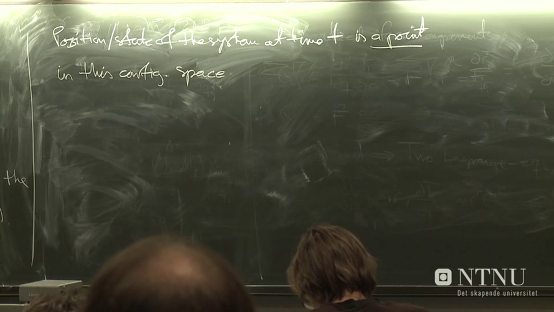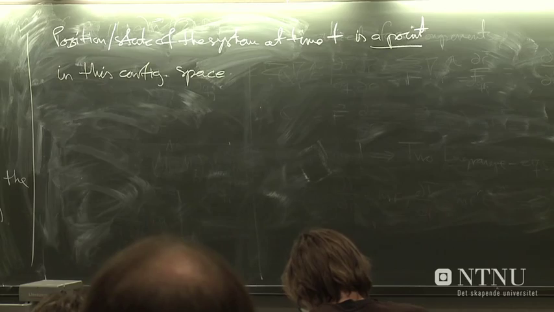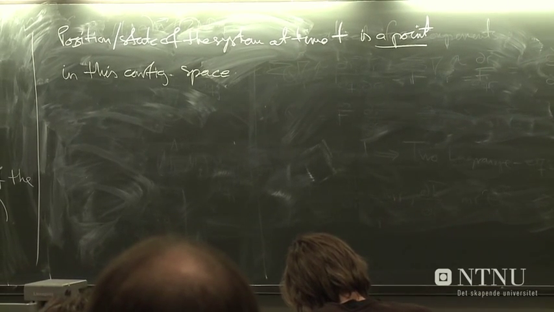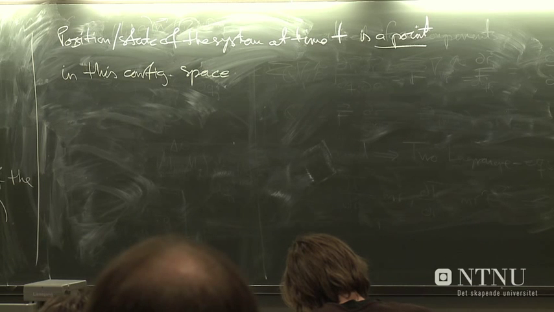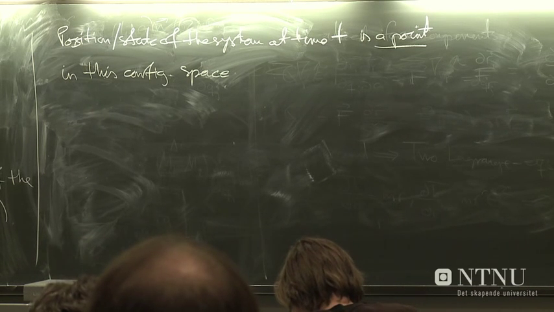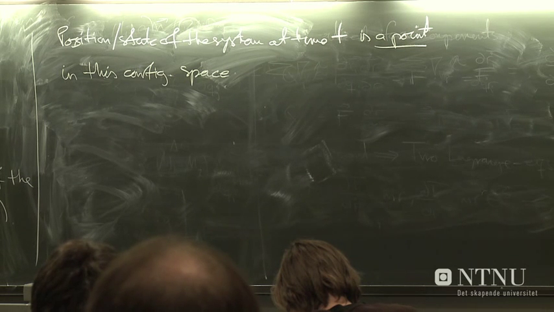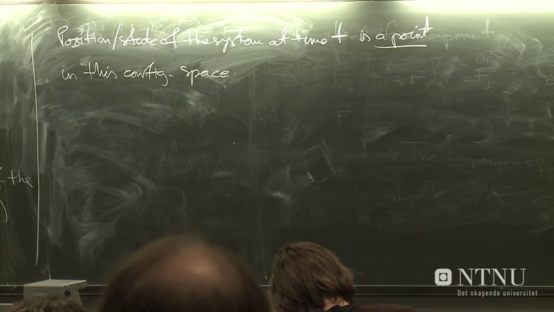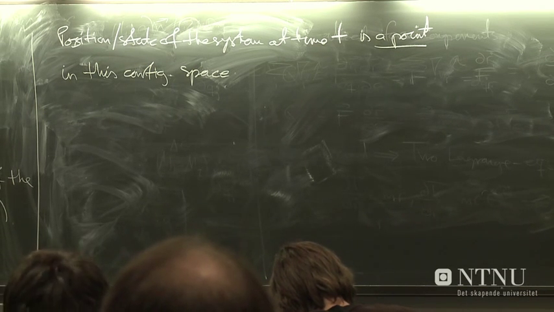Now, the position or state of the entire system as a whole, at any given time t, is then represented as a point in this configuration space. So imagine you have a small n-dimensional space spanned by these axes of the generalized coordinates, and the state of the system at any given time t is given by a point in this configuration space.